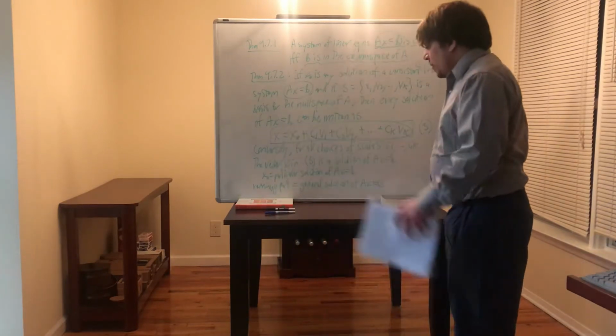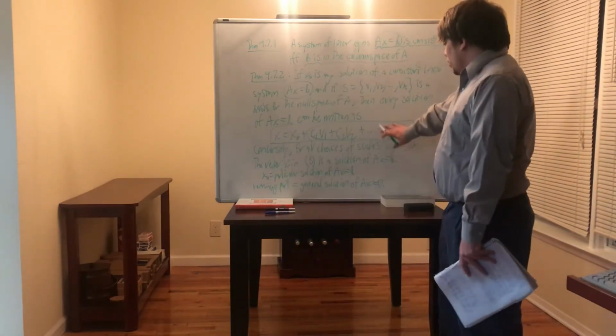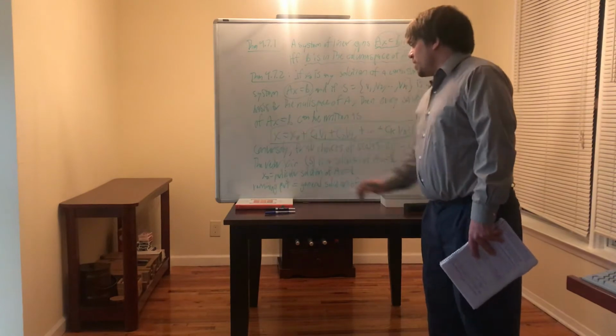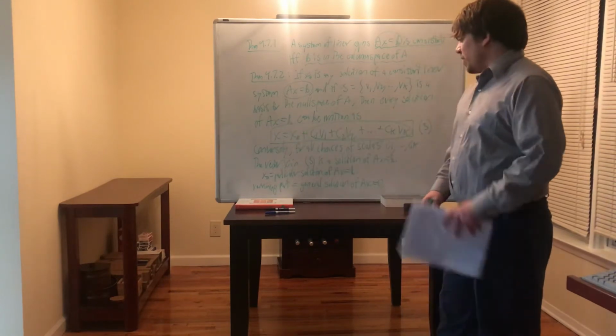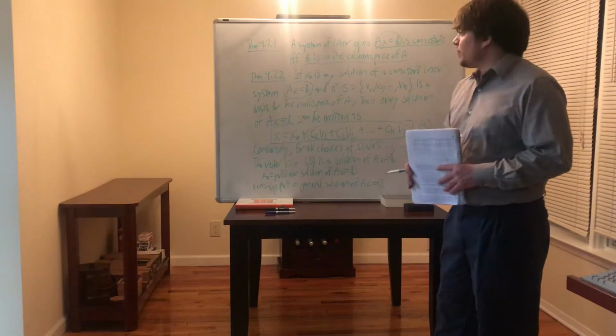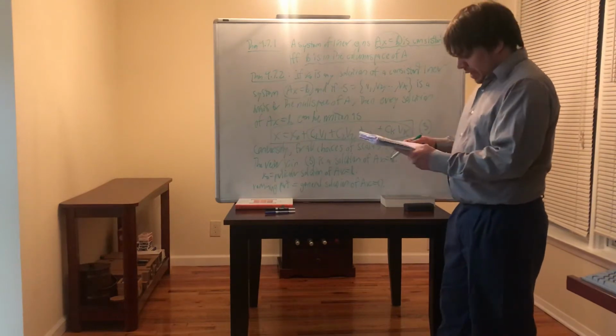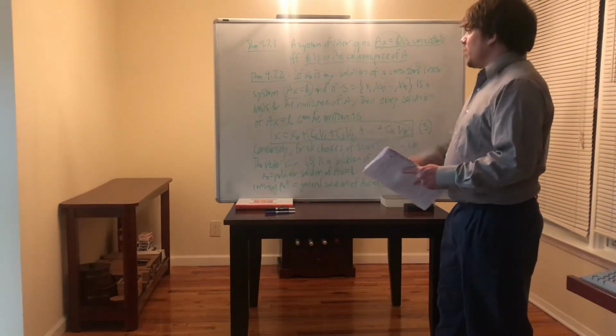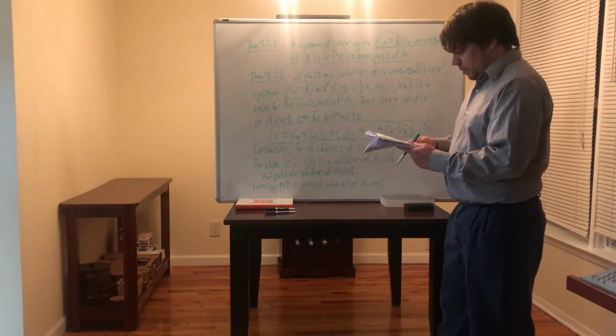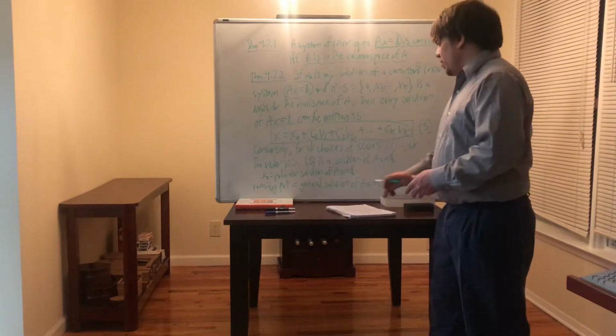So the remaining part here is the general solution of AX equals 0, and this X naught is a particular solution of AX equals B. And so that's Theorem 4.7.2. Okay, so more theorems.